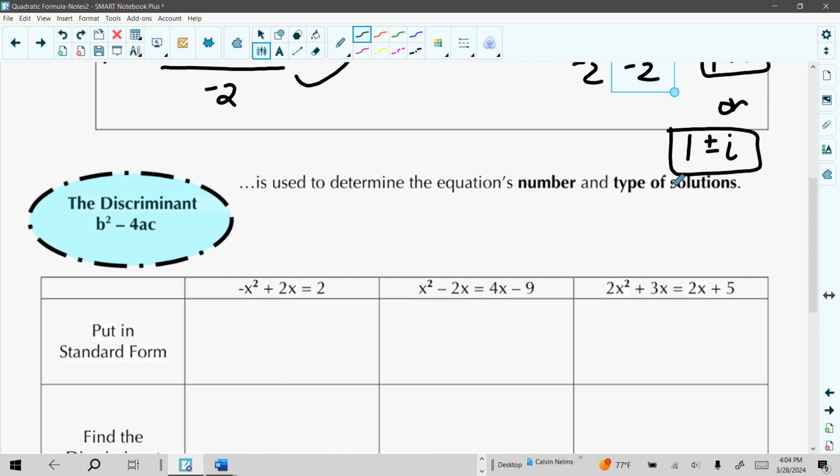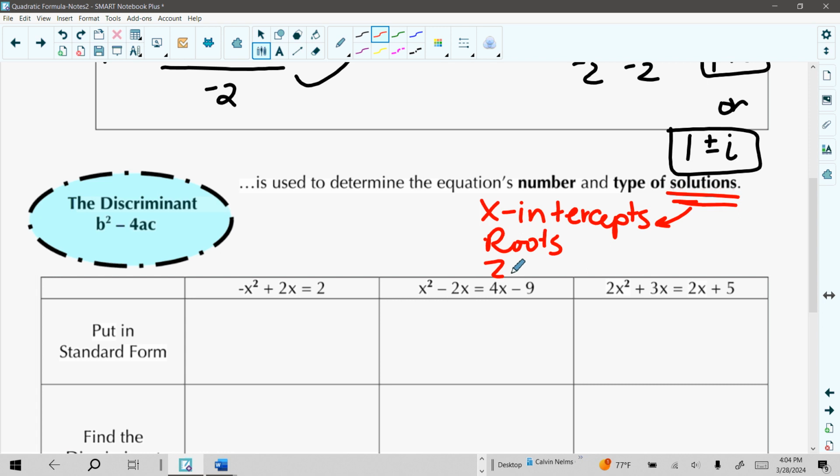When I'm referring to solutions, that could also mean your x-intercepts. It can mean your roots. It could also mean what we call our zeros. So solutions also mean these three things.